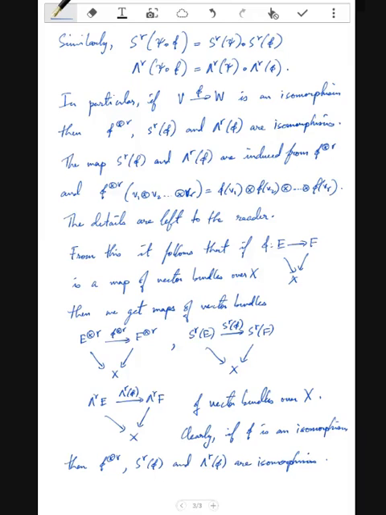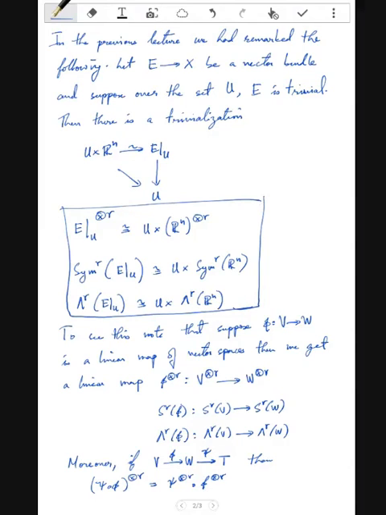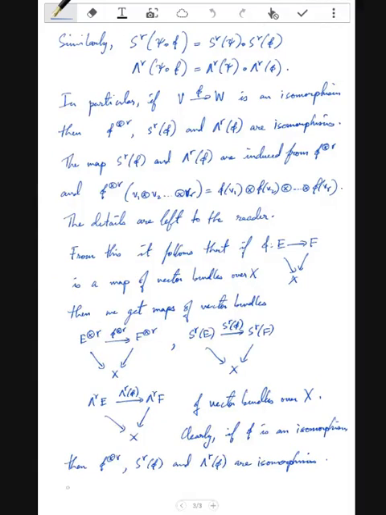So from this discussion, this will follow easily. So star follows from this discussion.